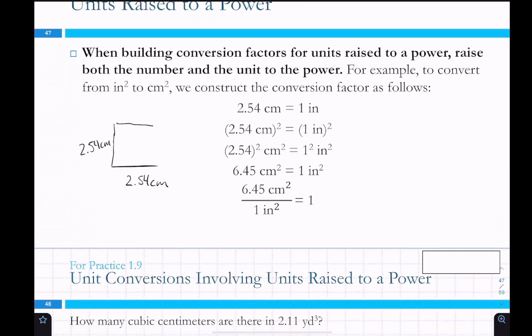And then the area contained inside of that square is going to be 6.45 centimeters squared. And when you take this to the next dimension, then you're saying now we take the square and we make it 2.54 centimeters high, and that's 2.54 centimeters cubed.